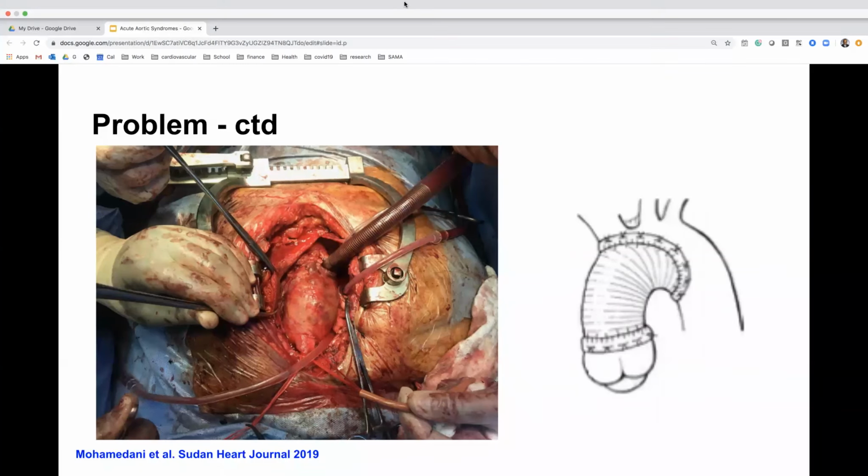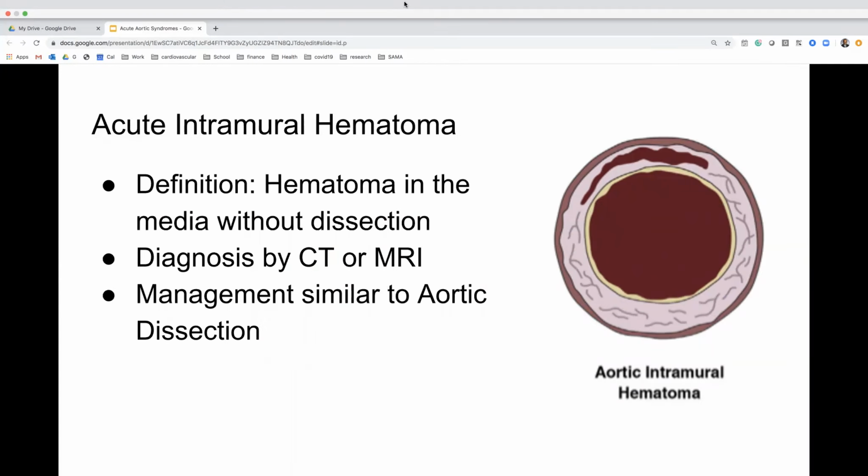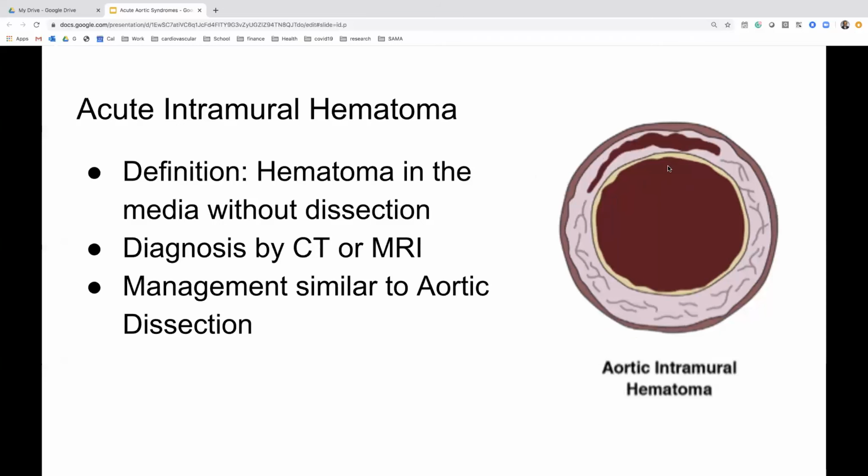Okay, so there are two other forms. This is not as common. Usually the patients come with abrupt onset of chest pain, or back pain if it's descending. Then you do the ECG, you don't see anything. You do the X-ray, you don't see anything. And then you do a CT scan, and it shows an acute intramural hematoma.